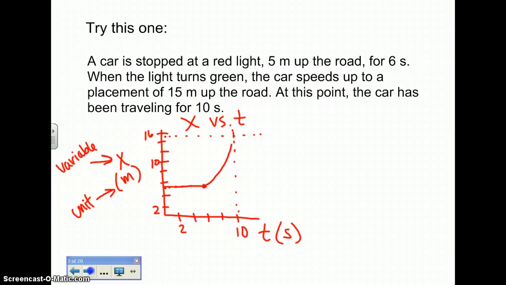So you are speeding up. So that's what that part of the graph should look like. Okay, guys. So standing still, at rest, and speeding up for that section right there.